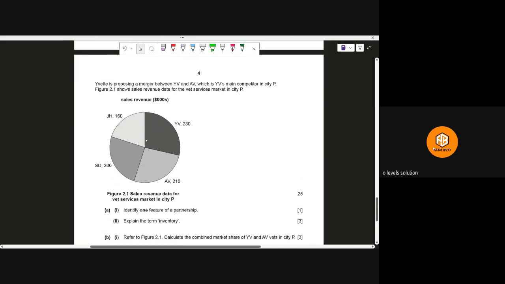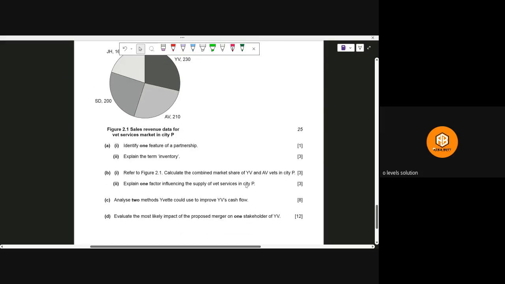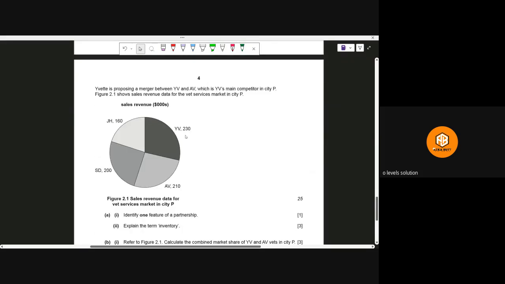As you can see, this is a pie chart and it consists of the sales revenue data for different types of businesses. So YV's total revenue is 230, then the others are 160, 200, and 210. So we need to find out the market share of YV and AV.